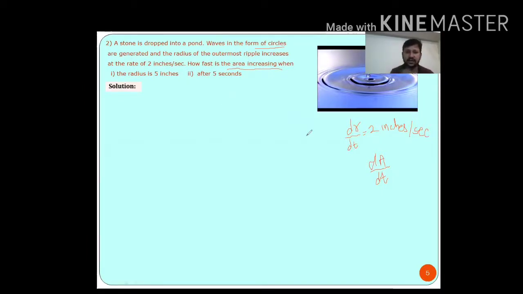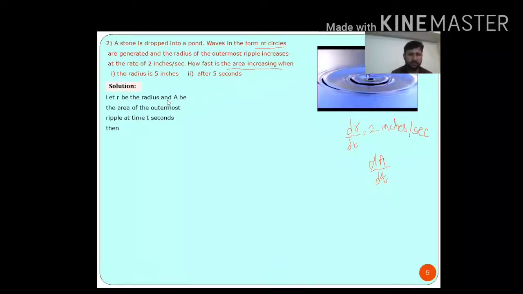First, calculating the equation in terms of rate measure. Let r be the radius and capital A be the surface area of the outermost ripple at time t in seconds. Then the formula for area of a circle, A is equal to pi r square.